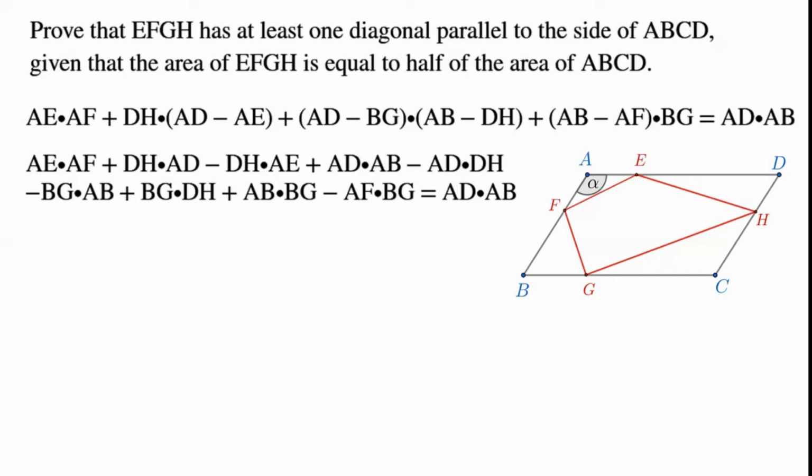By expanding some of the terms on the left-hand side of the equation, we have AE times AF plus DH times AD minus DH times AE plus AD times AB minus AD times DH minus BG times AB plus BG times DH plus AB times BG minus AF times BG equals AD times AB.